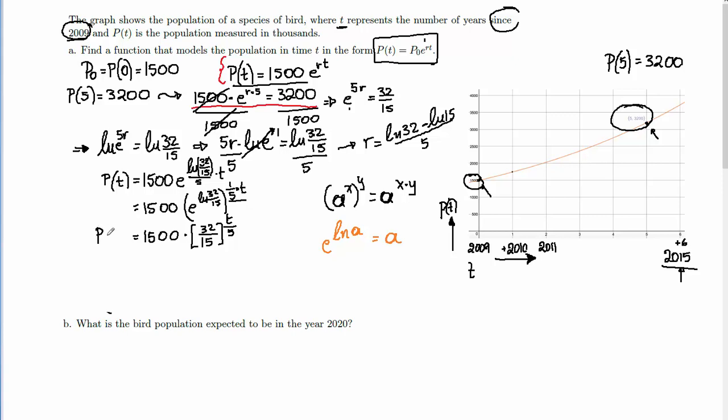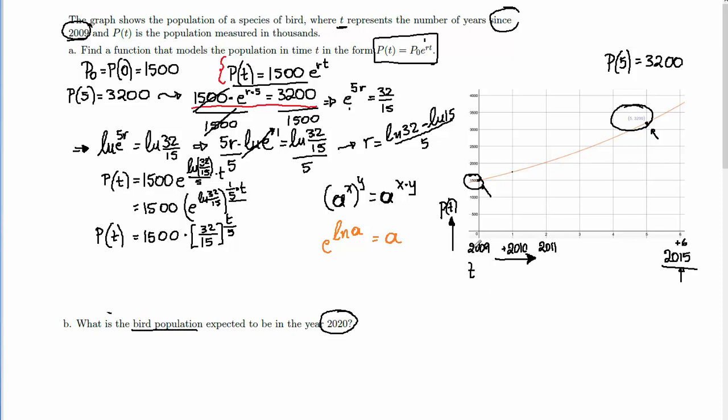This is equal to P of t. Can I further simplify it? Well, no, that's as much as I can do, because the 32 over 15 is already in the base of the power here. How am I going to use that? Well, I'll use it right here, where it asks me to find the bird population for 2020.